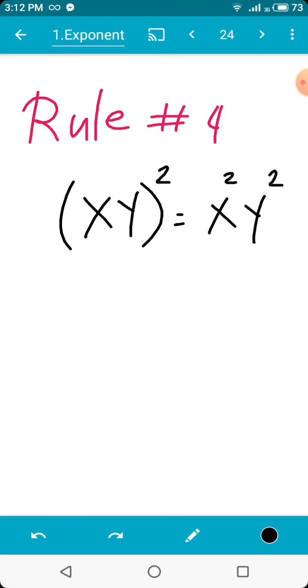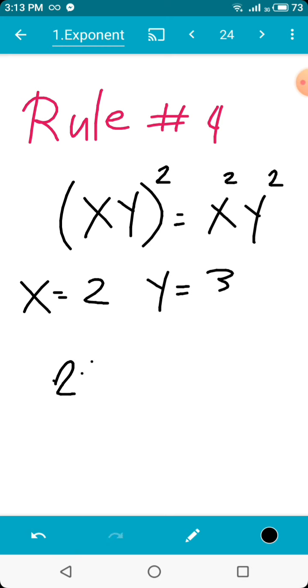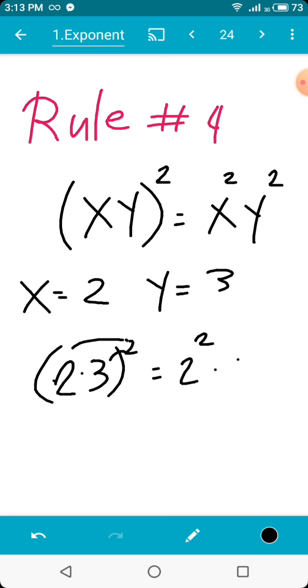So, let's have example. So, let's say yung x natin ay 2, and then yung y natin ay 3. So, substitute natin sila. So, it will become 2 times 3 squared. Okay? So, it will become, distribute natin, 2 squared times 3 squared. Okay?